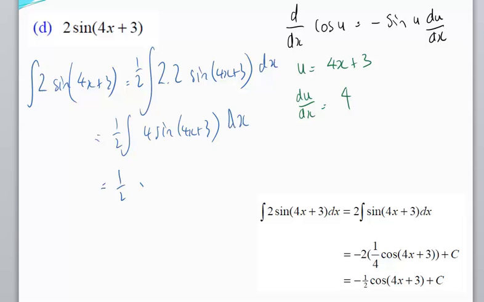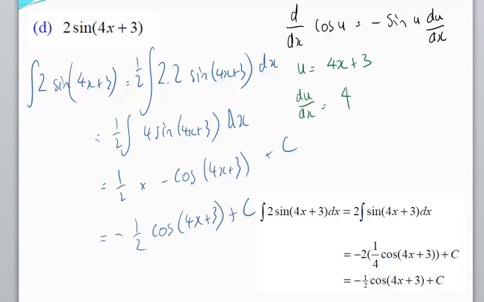It's going to be a half times our negative cosine of u, which is 4x plus 3, plus our constant c. So we follow this through, we get minus a half cosine of 4x plus 3 plus our constant c.